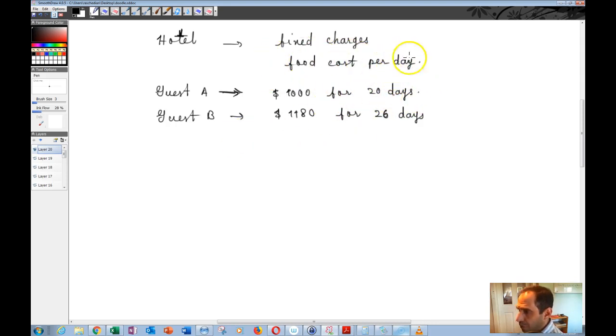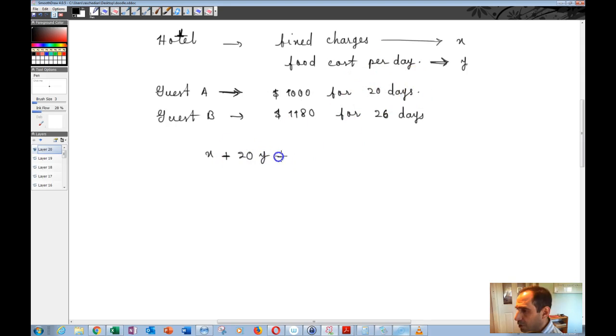So that means that if I assign a variable y to food cost per day, and another variable x to the fixed charges, guest A has paid the fixed charges, which was x, and also 20 times y, because he has eaten in 20 days.